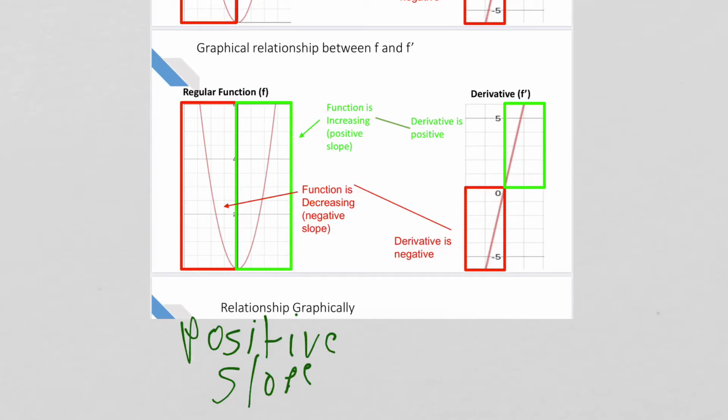Positive slope, and then positive outputs for the derivative. So this full picture that I have here is going to be an important one for you to copy down, and it's especially helpful if you have some colors to color code. I highly recommend you pause this video and get this picture down. And then I'm going to give you another one.